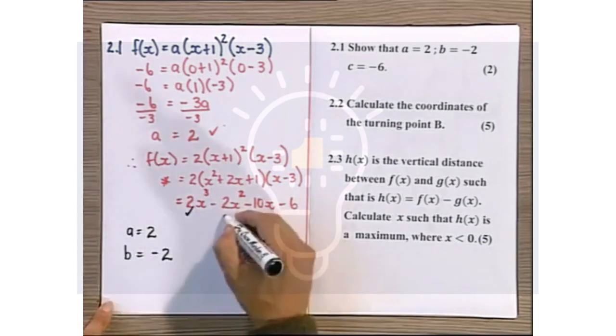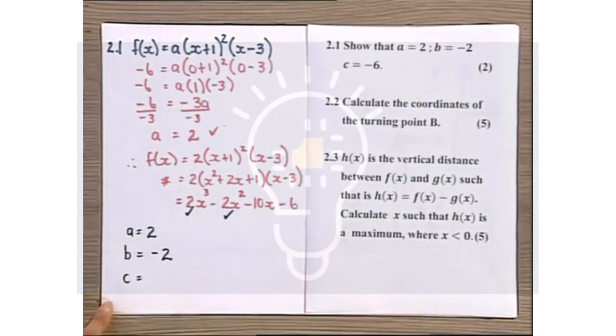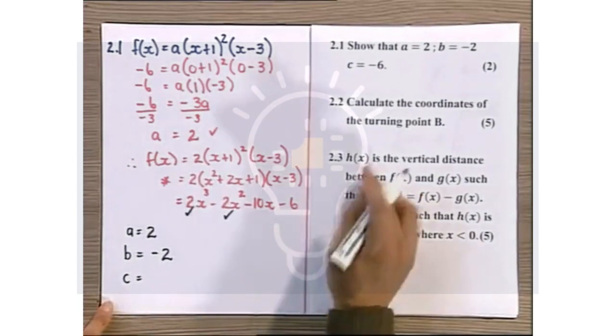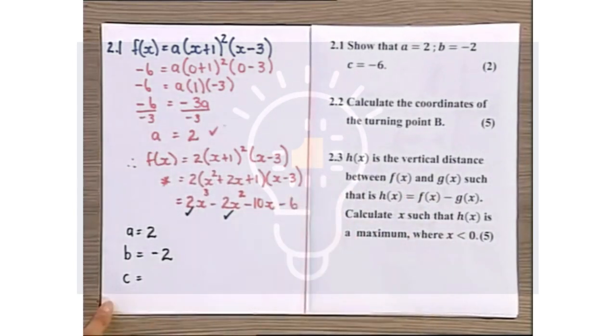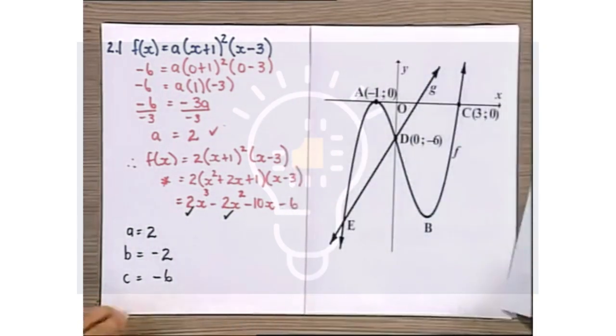Negative 2. You see? Happy? That is what they ask you here. And c is obviously what we have here, your numerical value there, and that is going to be negative 6. So can you see, guys, it's not so hard if you look in terms of how to get your answer.